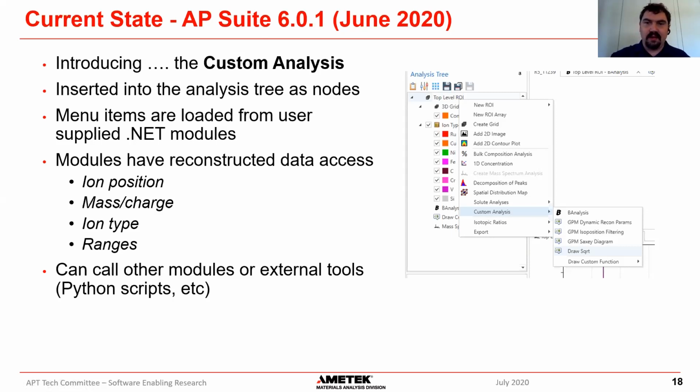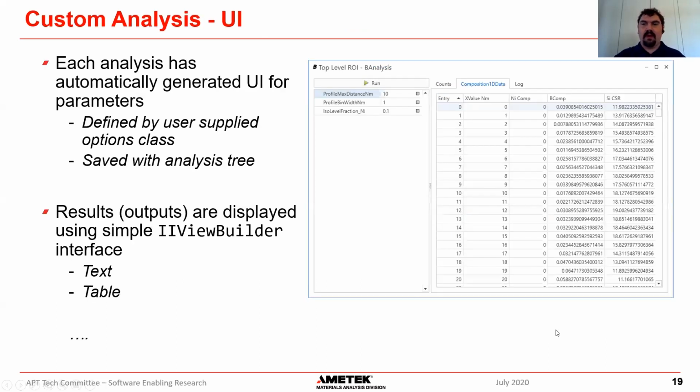So moving on here, here's an example of a custom analysis user interface. On the left side is an automatically generated UI for editing the parameters of your module. All you have to do in your module is list the parameters in a class. It's called the options class, and they will be automatically shown here with the defaults. And then you can, of course, change those defaults if you like.